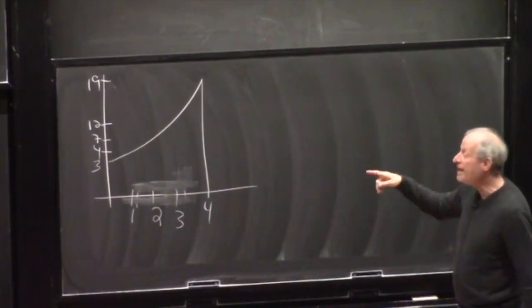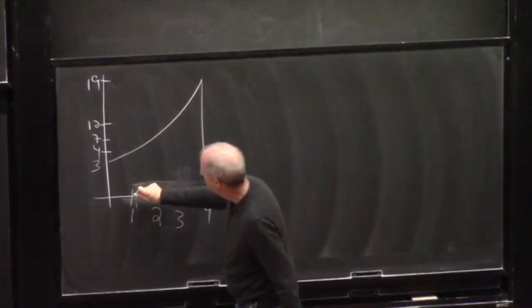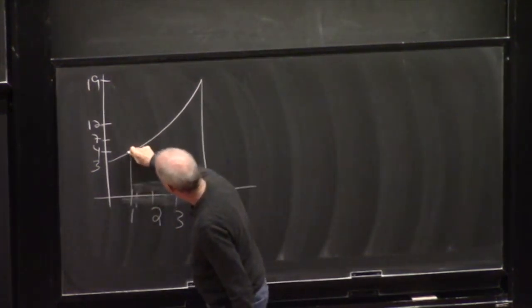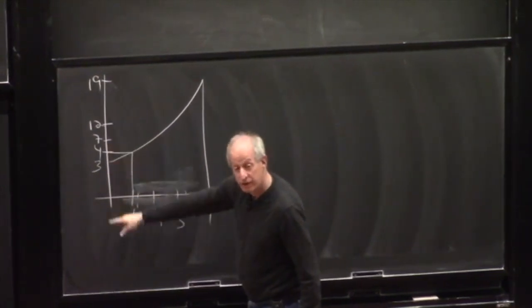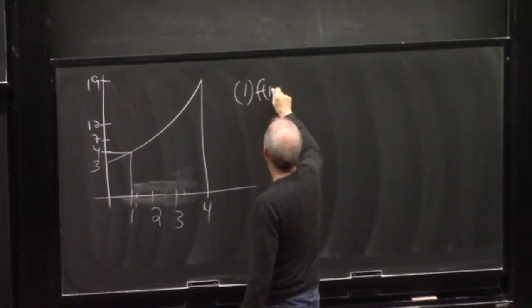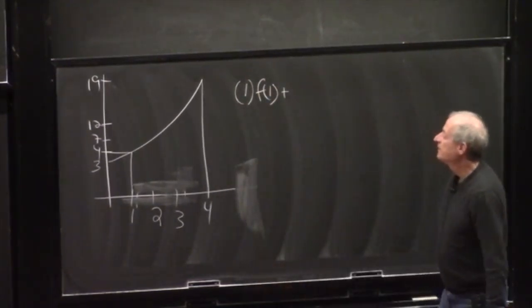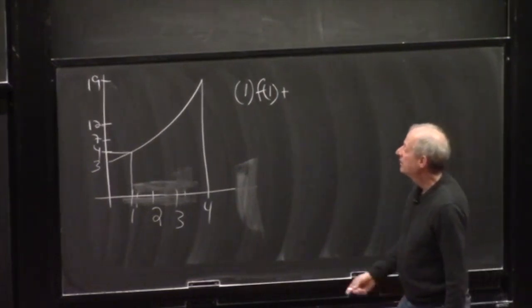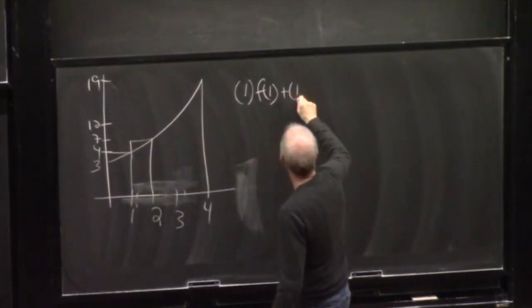So if I want to use right-hand rectangles, well, the width of each of these rectangles is still going to be 1. Now, I go across at 1, and then I go to the curve and I go down. And that gives you the height. So the first one's width is 1, the height is f of 1. And now I repeat. I go up to 2 and across.